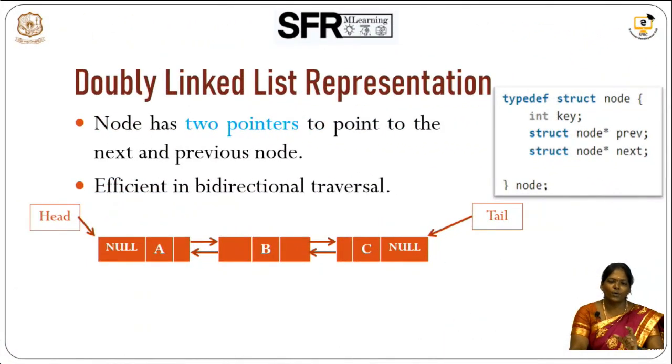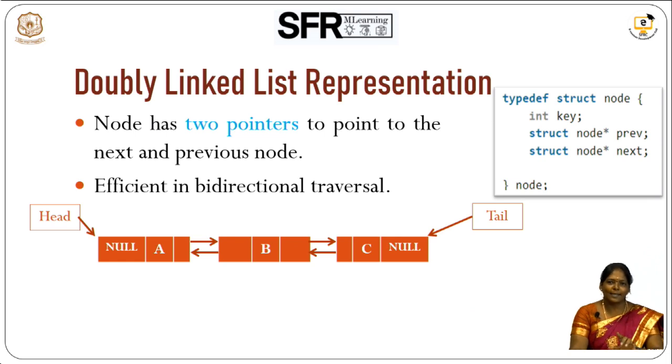In the second case we have a doubly linked list. Here each node has one more field for referring to both the previous and next nodes. Here A, B, C are the elements in the linked list.